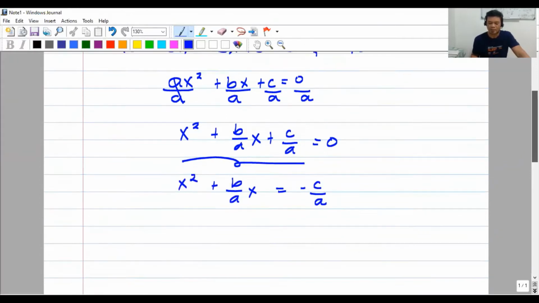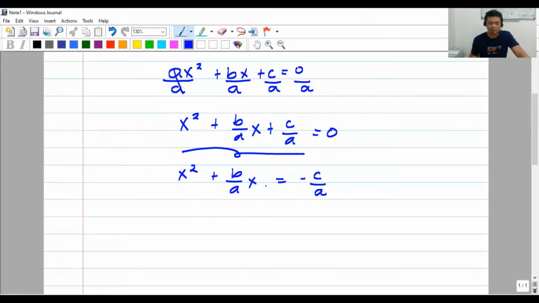Okay, now the third term in this expression is missing. To complete our trinomial and make it a perfect square trinomial, we have to get the third term, which must be a perfect square. So how do we do that?